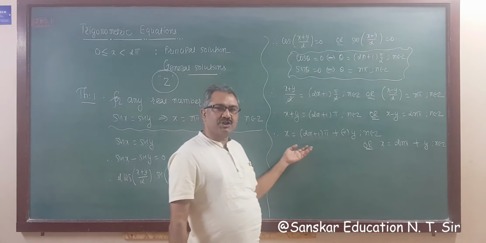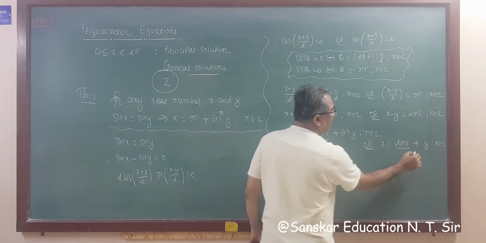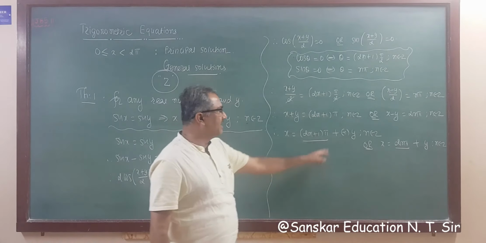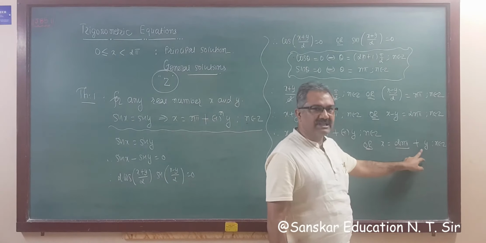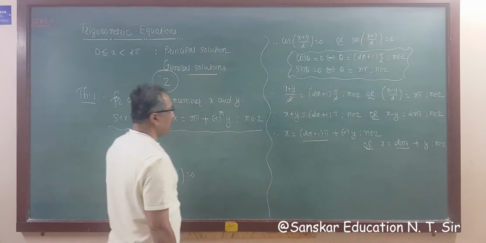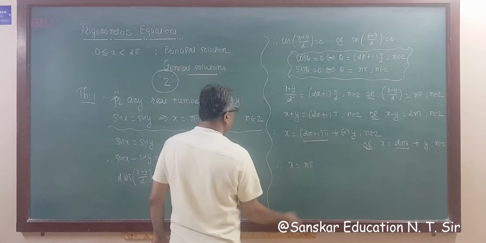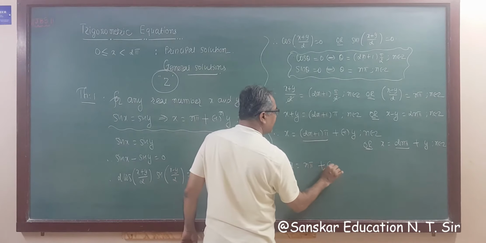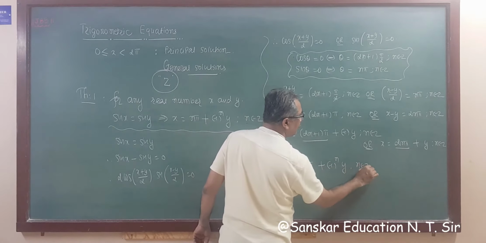So these are two possible solutions. Now this is odd numbers, this is even numbers, right? And here it is minus 1 and it is plus 1. So combining these two, I am going to write x is equal to n pi plus minus 1 raised to n into y, n belongs to Z.